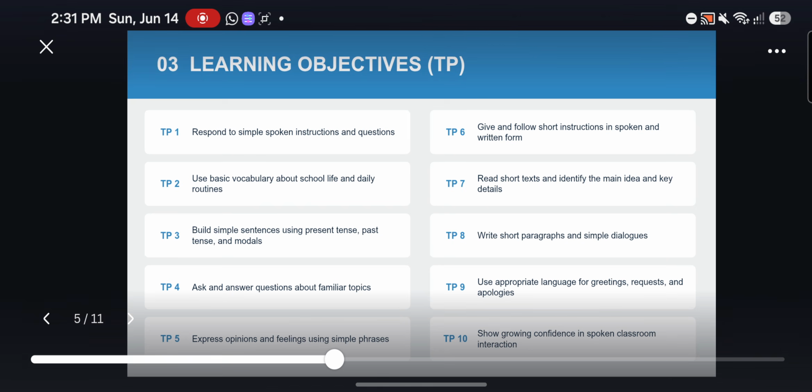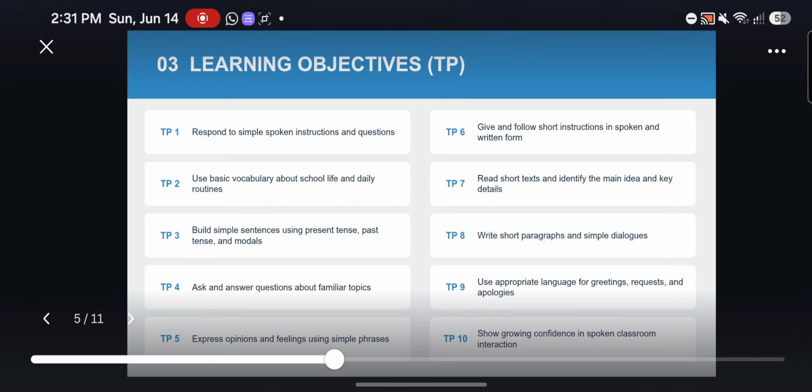The first few objectives focus on receptive skills, understanding instructions, using vocabulary, and building simple sentences. These are for the beginning of the semester when students need more support.